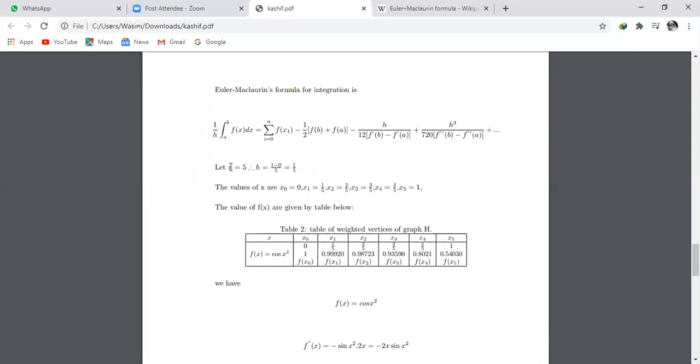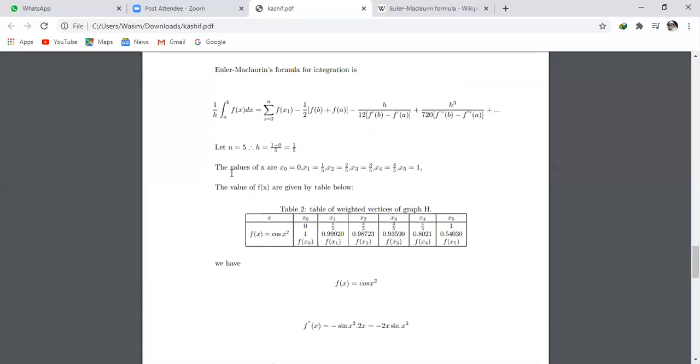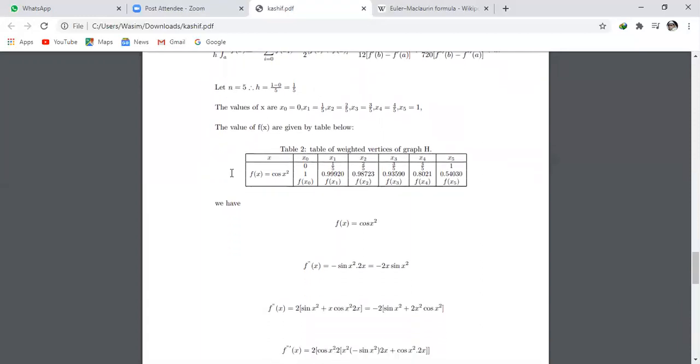Let n equal 5 and h equal (1 minus 0) by 5, that is (b minus a) divided by n, where n is the number of subintervals we want in the question, so h is 1 by 5.